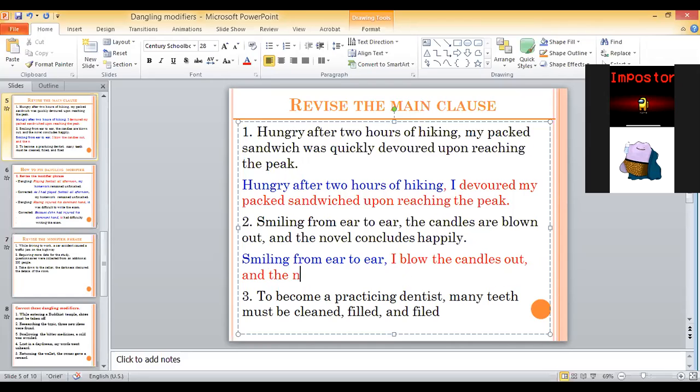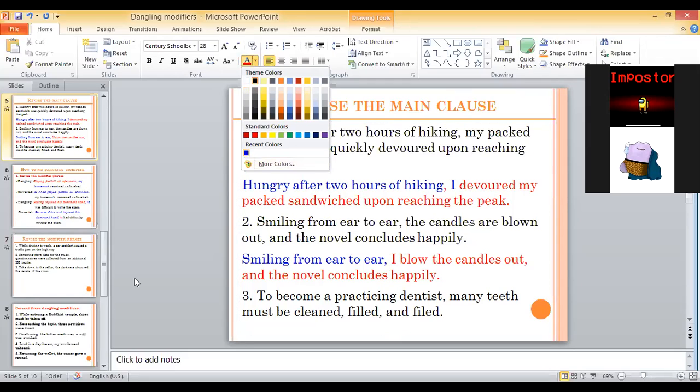Very good. And the novel concludes happily. Okay, good. You see, that is a way. We just change a little bit, and now we have "smiling". Who smiles? I. So this is correct. Just remember that we learn this in order to avoid it, not to make a mistake.